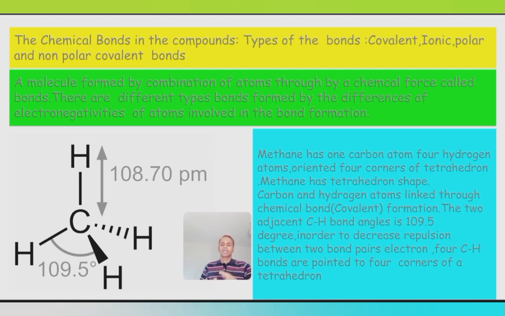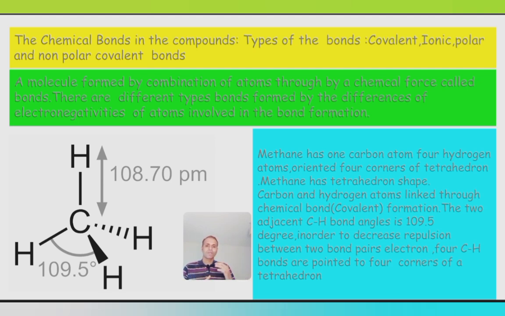Here in methane, the four hydrogen atoms are placed in the four corners of a regular tetrahedron. Methane has a tetrahedral shape because there are four bond pairs of electrons in methane, and these four bond pairs are oriented in such a way that the molecule gets a minimum amount of repulsion.